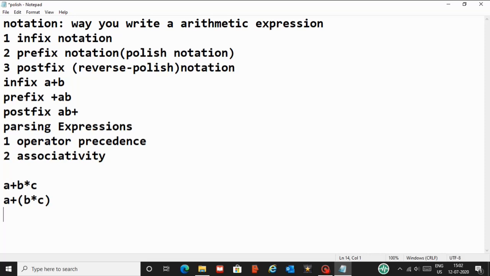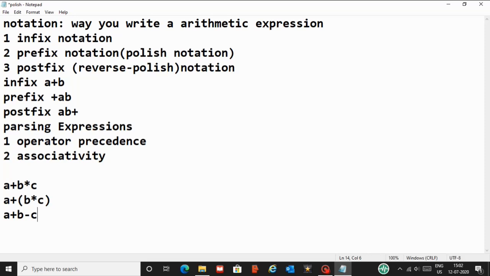For example, you can say A plus B, instead of multiplication, let me say minus C. Addition and subtraction have the same precedence, equal priority. So now whether I will do A plus B and the result of that minus C, or I will do B minus C first, because again B is between two operators with equal precedence.